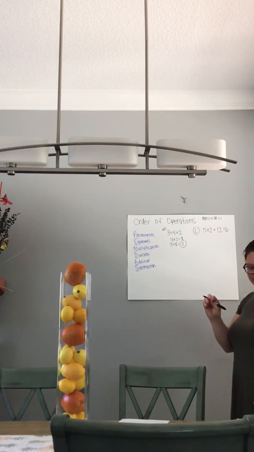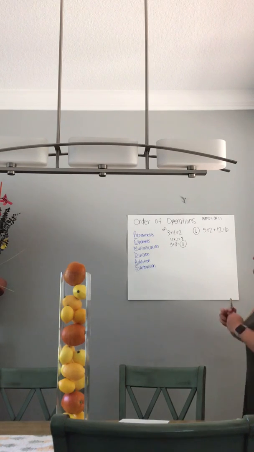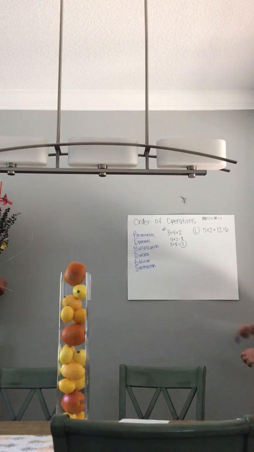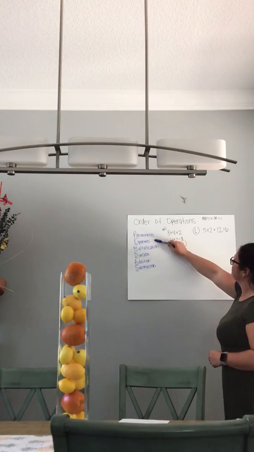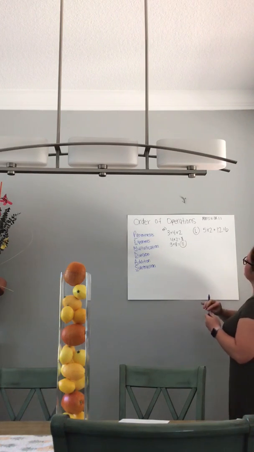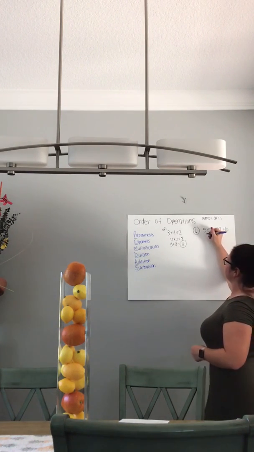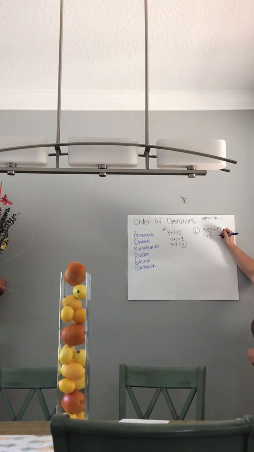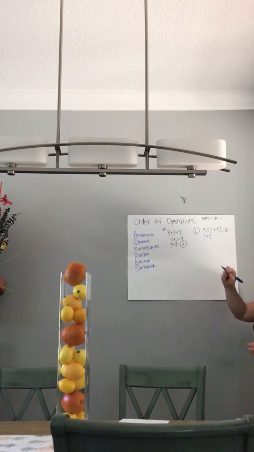Using PEMDAS, what is the first step in this equation? So we're going to look over here. We're going to see multiplication. So that means we're going to do multiplication first. And 5 times 2 gives me what? 10.